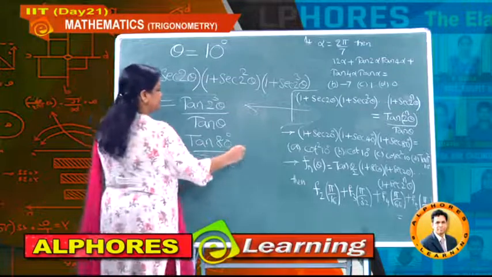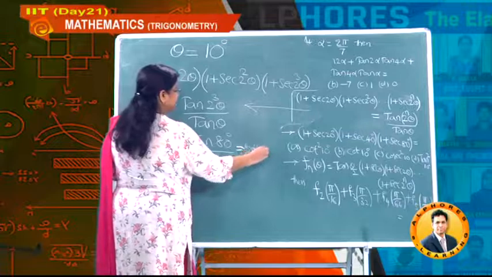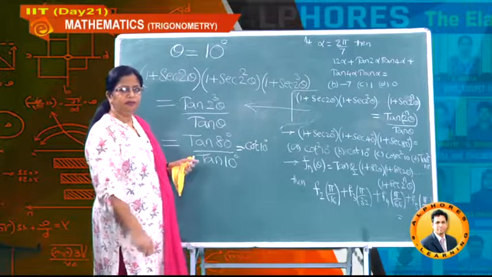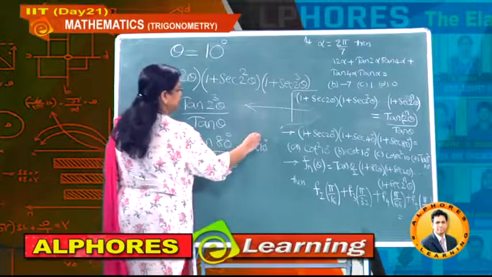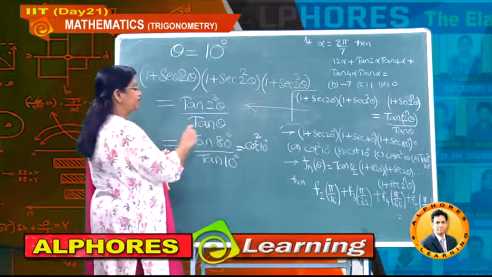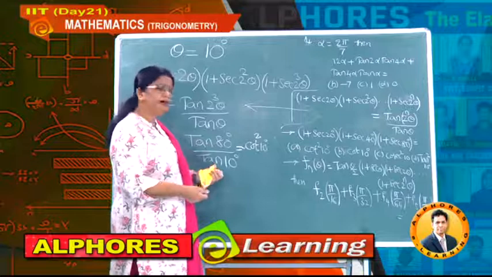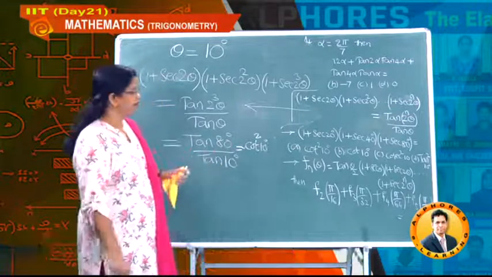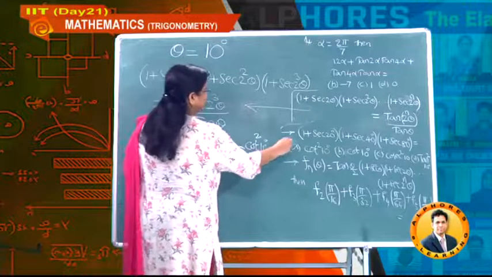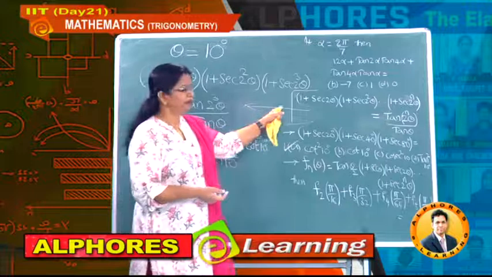The numerator is nothing but cot 10 degrees. Then 1 by tan means you can write this value as cot square. So tan 80 is cot 10 with a complementary angle, and again 1 by tan 10 is another cot 10. Finally, you got cot square 10 degrees.